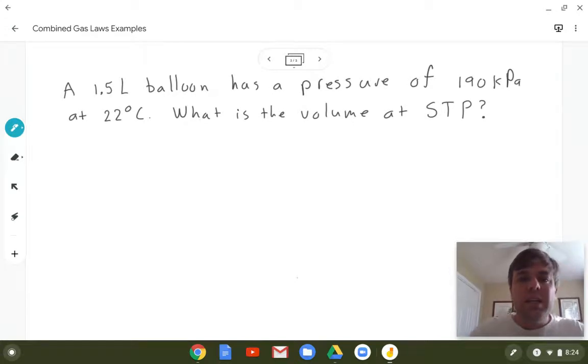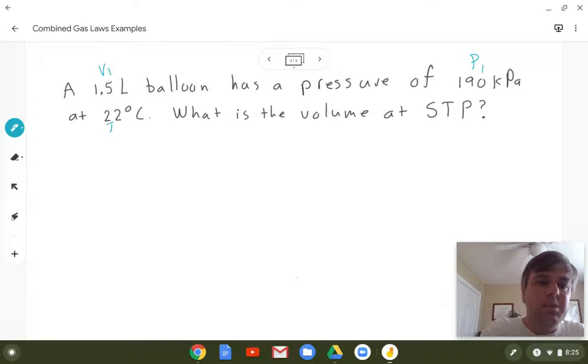A 1.5 liter balloon has a pressure of 190 kilopascals at 22 degrees Celsius. What is the volume at STP? So if we look at this, well, this is V1, this is P1, and T1. What is the volume? V2, we don't know. And then standard temperature and pressure, well, that's going to be T2 and P2.